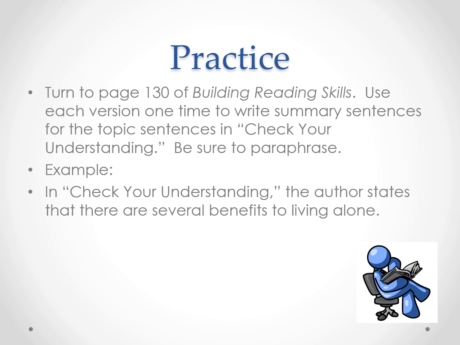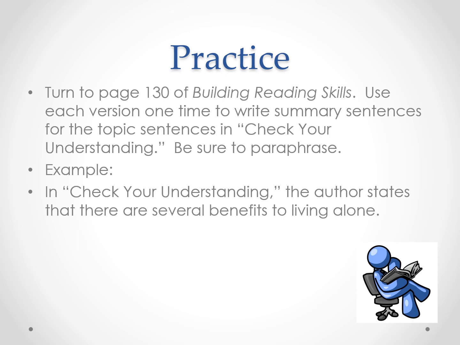So we know that these topic sentences include the main idea. So for each of those, for 2 through 6, you want to write one of the summary topic sentences. So we have 4 versions. You want to use each version at least once. For the 5th one, you can choose whatever you want.